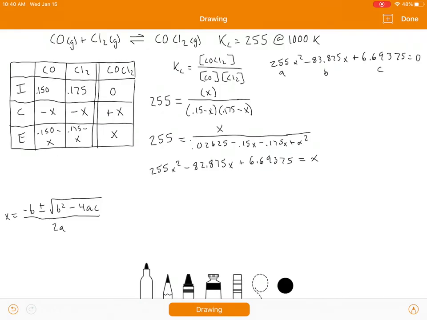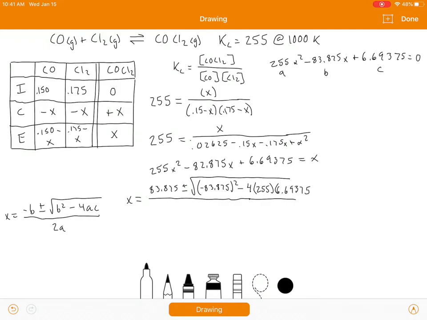So when you set up the quadratic formula, you're going to get x is equal to negative b, so that means it's going to be a positive 83.875 plus or minus the square root, it's going to go out for a ways, of your negative 83.875 squared minus 4 times 255 times 6.69375, just like that.